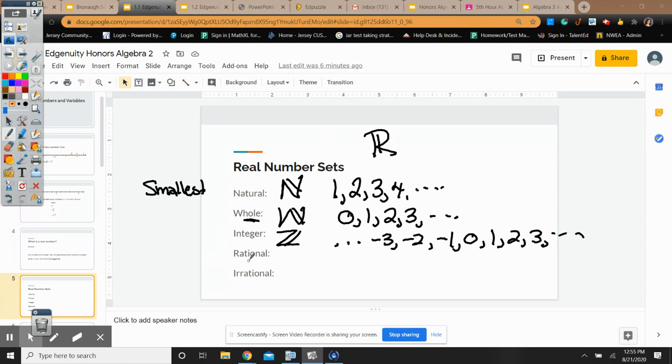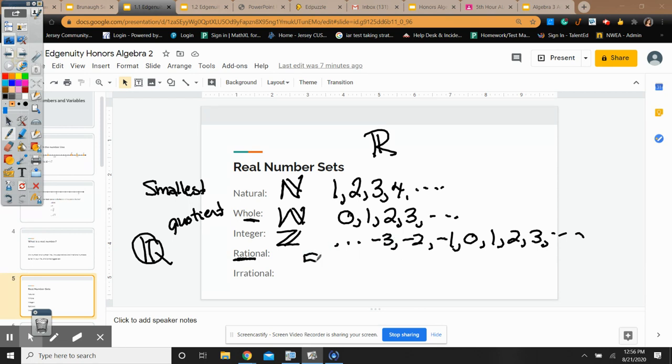And then we have rational, which has the root ratio, and these are numbers that can be, its symbol is actually a Q with the double bar in it, and Q stands for quotient, which means divide, because these can all be written as a ratio of two integers.